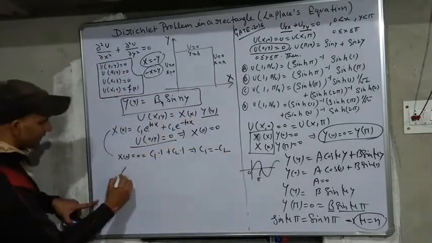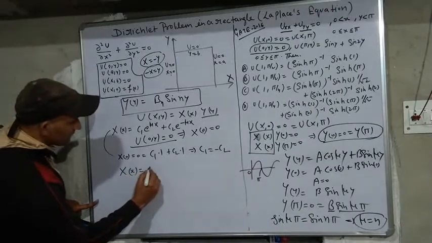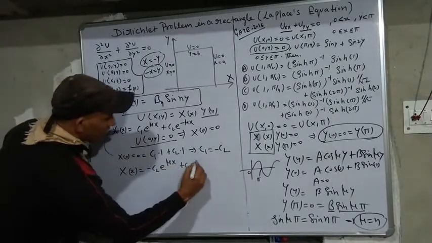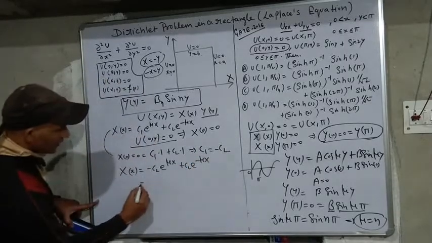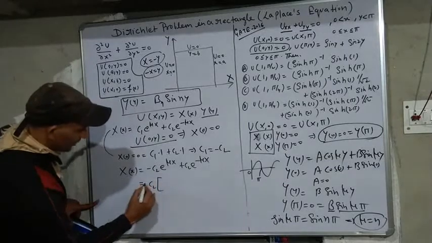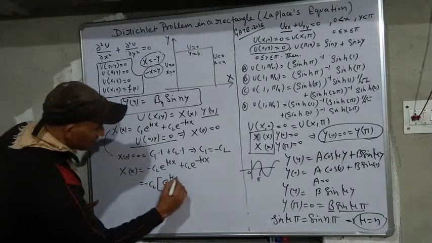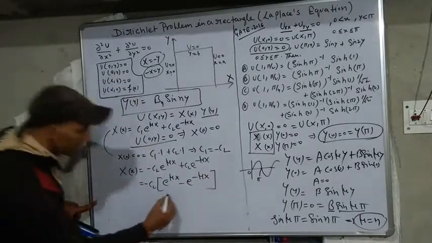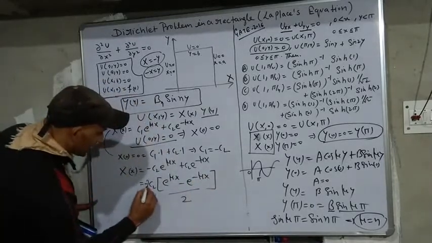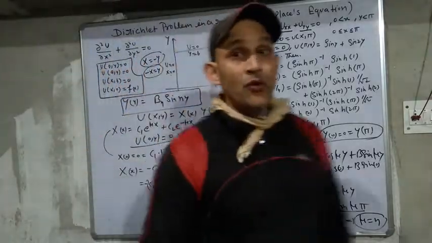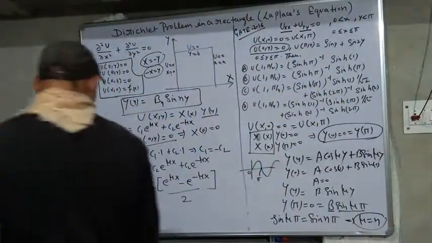It implies that X is equal to minus c2 e to the power mu x plus c2 e to the power minus mu x. Now you can put minus c2 outside, so e to the power mu x minus e to the power minus mu x. If you divide by 2 and multiply by 2, then you have got sinh(x).